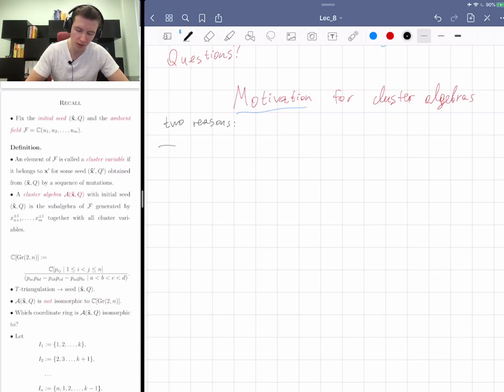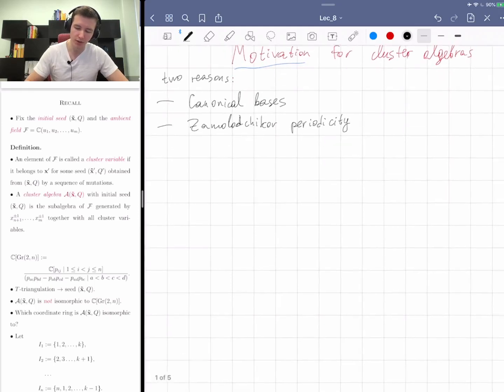The first one is canonical basis, and the other one was Zamolodchikov periodicity.